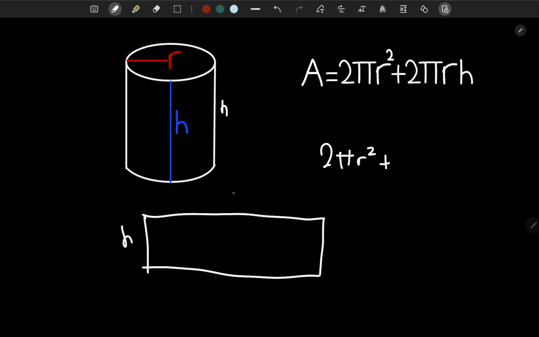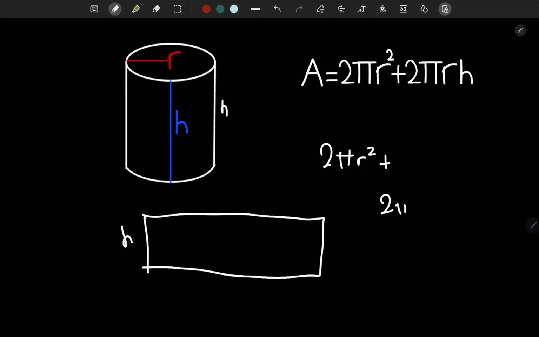Now to find this length here, first of all, what is this length? If you think about it, the entire length of this one is going to be the circumference of this circle, right? Since we are just opening this curved surface. So what is the formula for finding the circumference of a circle?